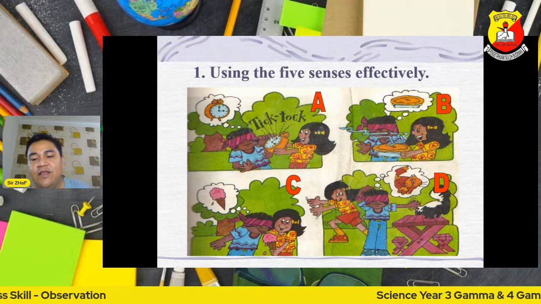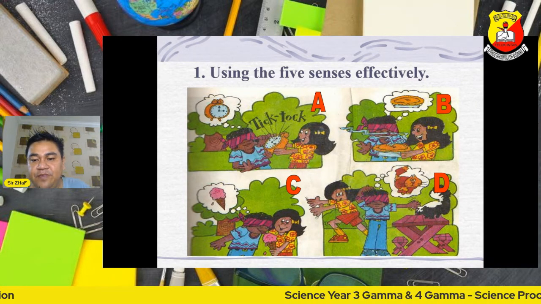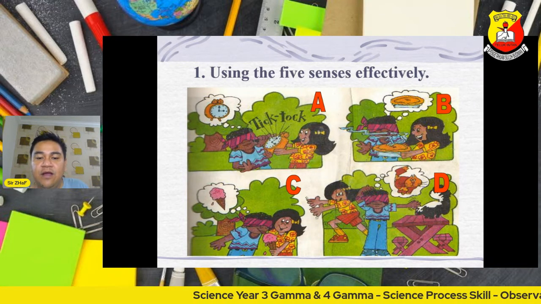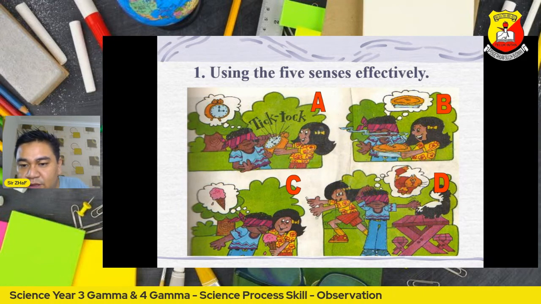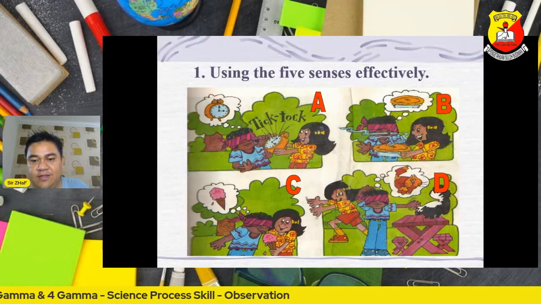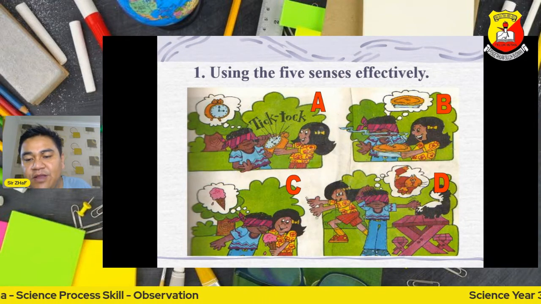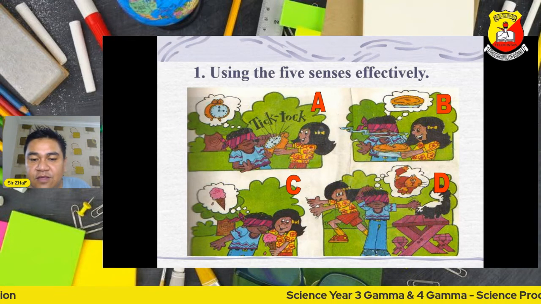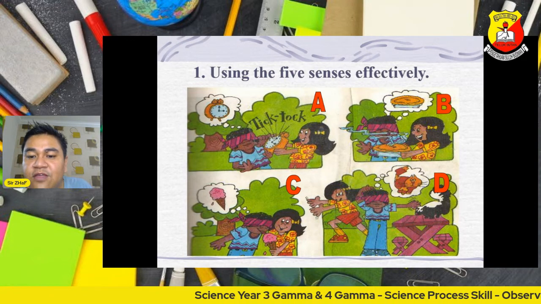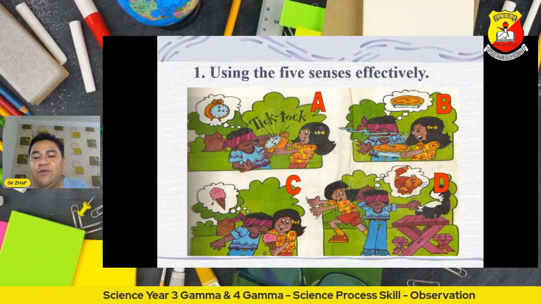Right, the last picture, D. The girl is running away. He put some animal on the table. So he just instructs the boy to touch that animal.